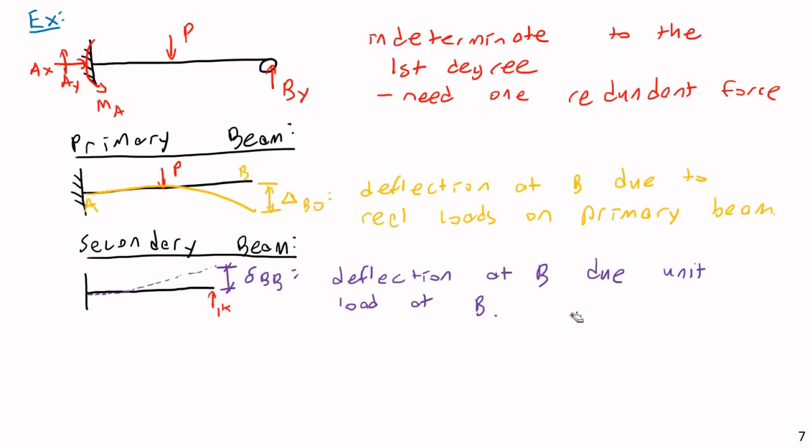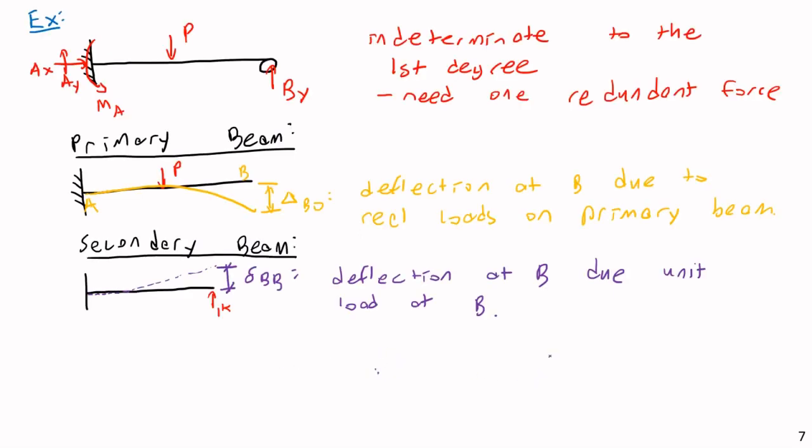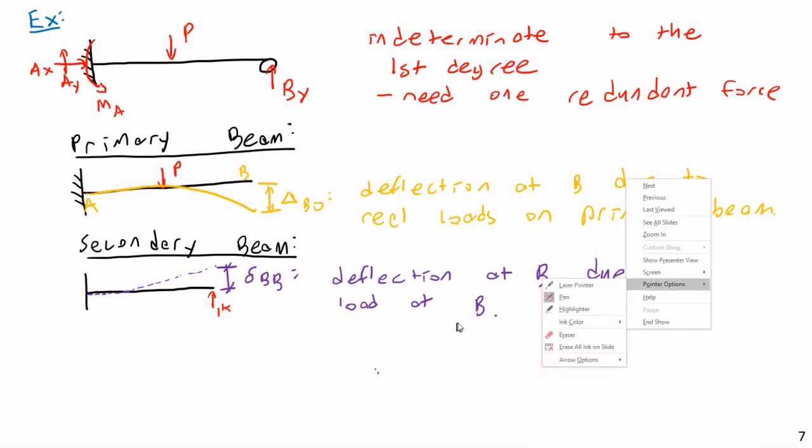If you had a system with multiple redundants, it would be a bit more complex. We would need to have multiple subscripts, etc. But we could probably get away with it here. This may look similar to virtual work, but now we're not actually applying virtual work here.